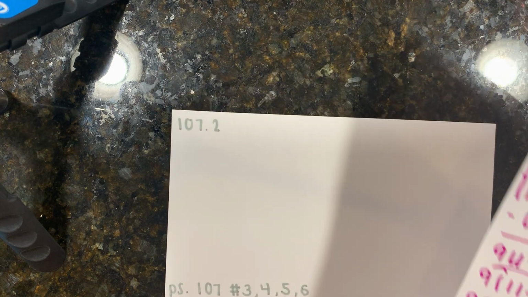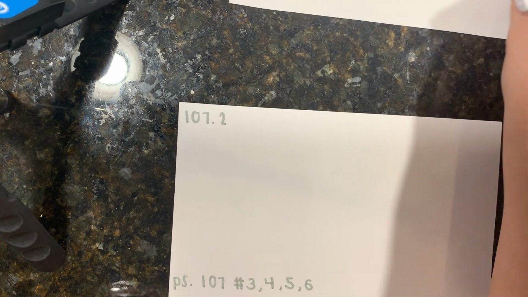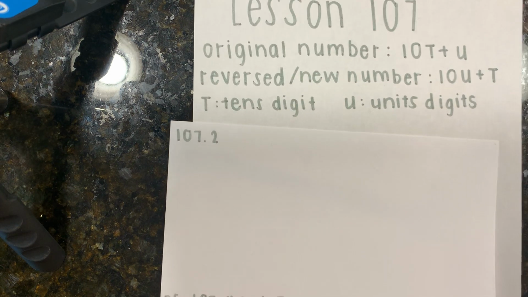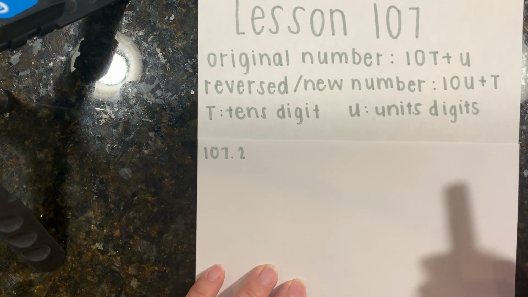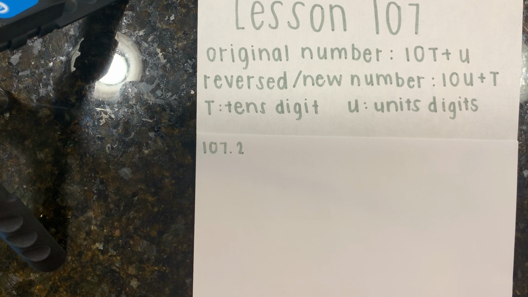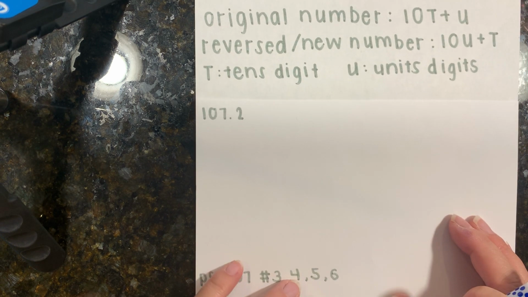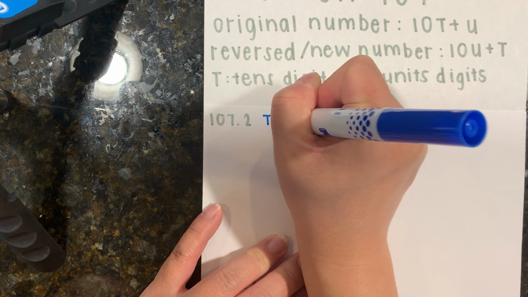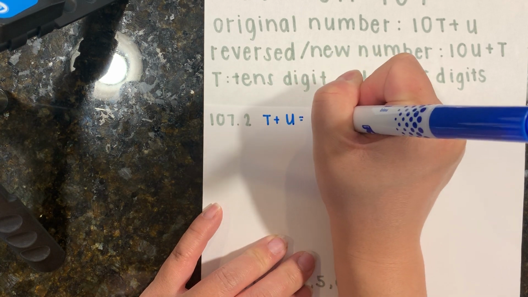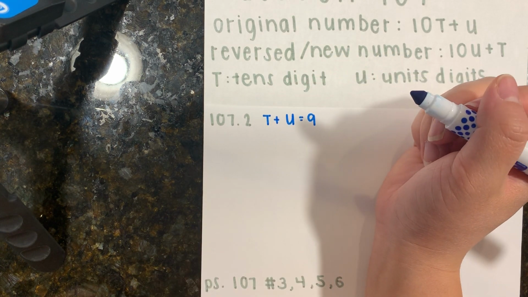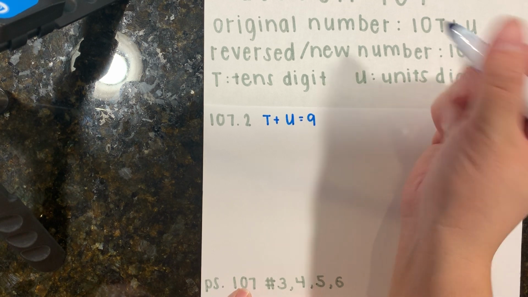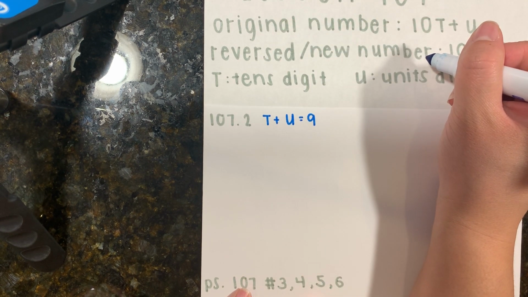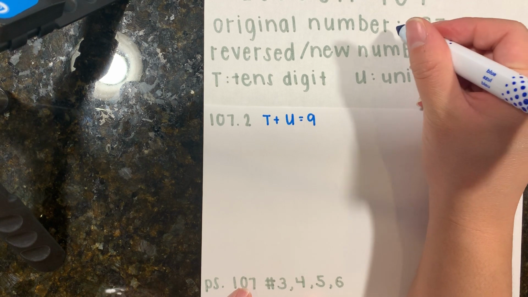Now we're going to look at 107.2. On this one, I'm going to use elimination instead of substitution, so I'm going to keep my notes there. It says the sum of the digits of a two-digit counting number was 9. Again, that's the tens and the units digit, so t plus u equals 9. Then it says when the digits are reversed, the new number was 45 less than the original number.